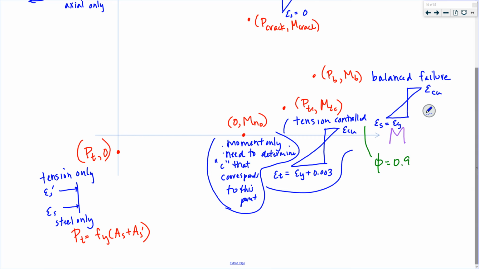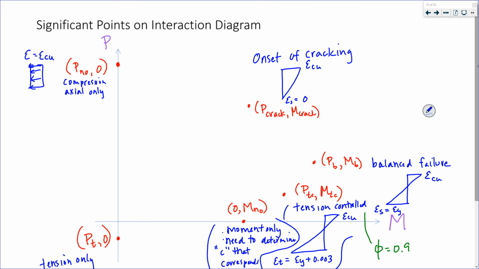So we've calculated 6 different points. We have axial compression only, where the strain is equal to the compressive failure strain of concrete. Onset of cracking: now my strain in the centroid of my tensile reinforcement is equal to 0. That's the onset of cracking.